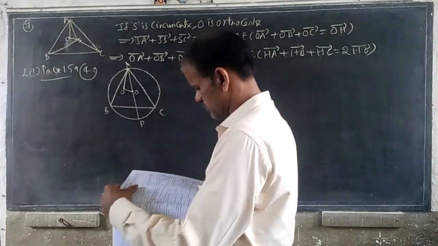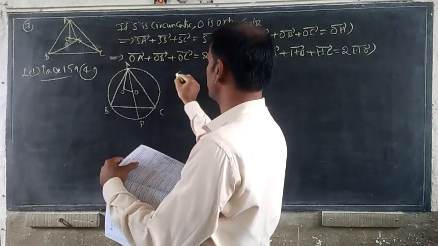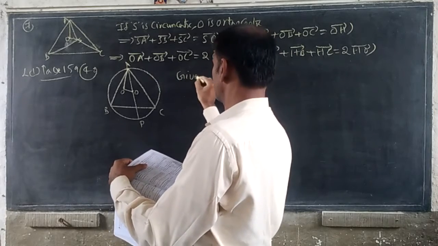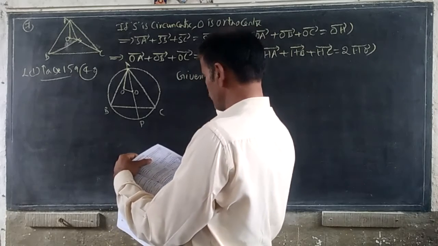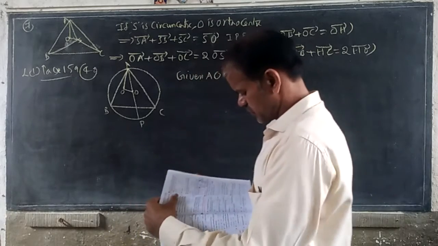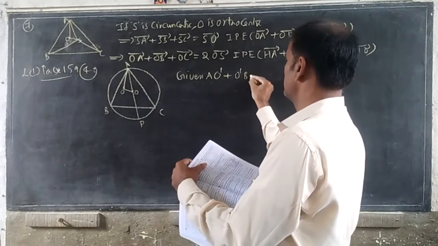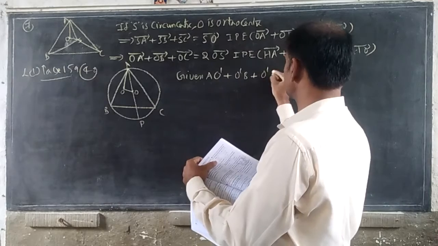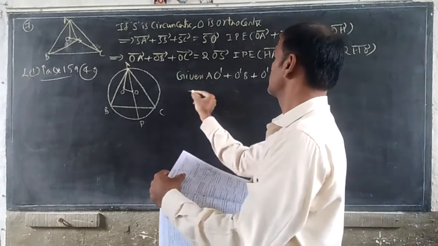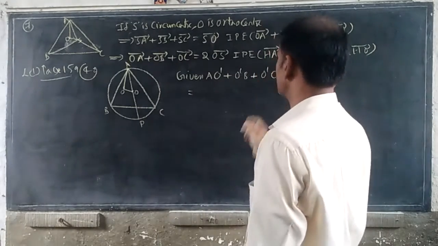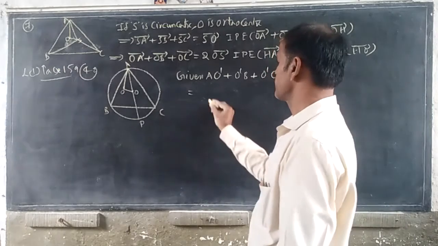What is given? Now let us see. Given AO dash plus O dash B plus O dash C. You can understand, O dash B is given, and AO dash is given.